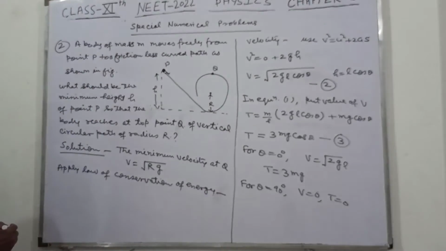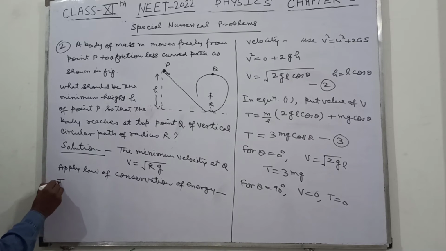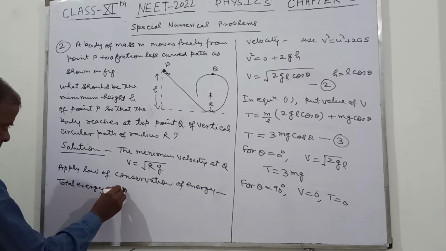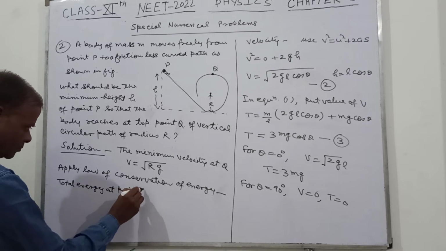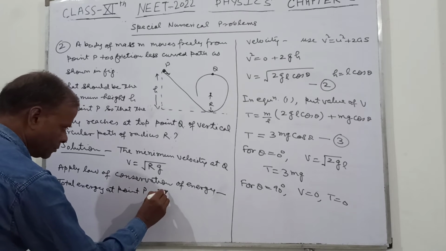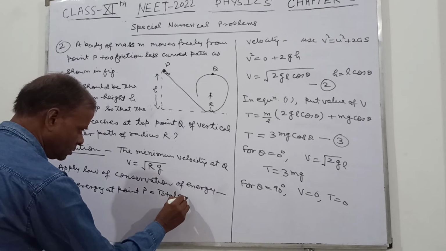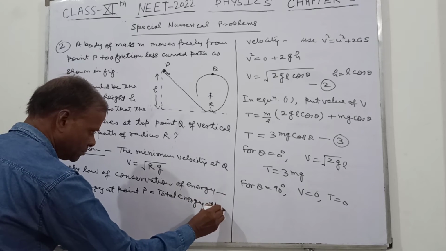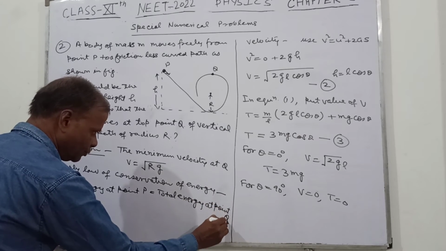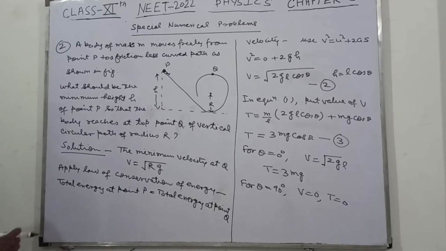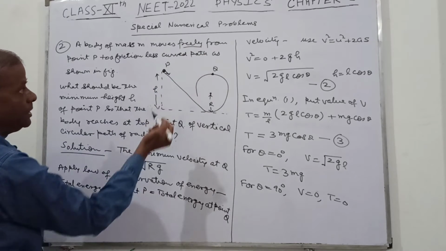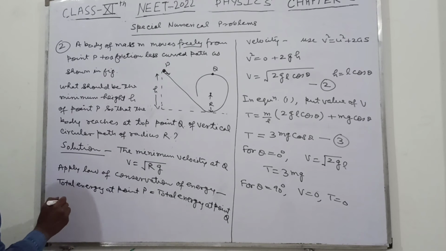So what we have is that total energy at point P equals total energy at point Q. Here the body is falling freely, so the velocity is equal to 0.